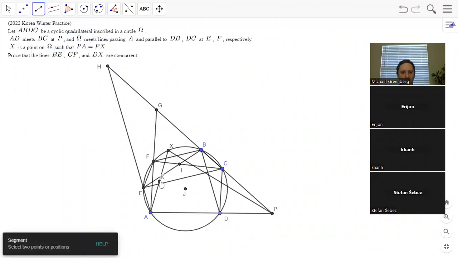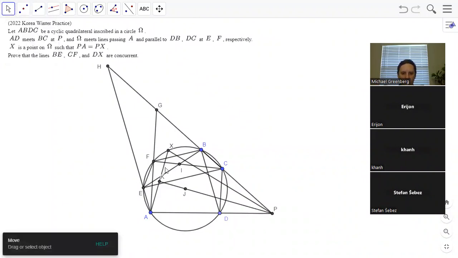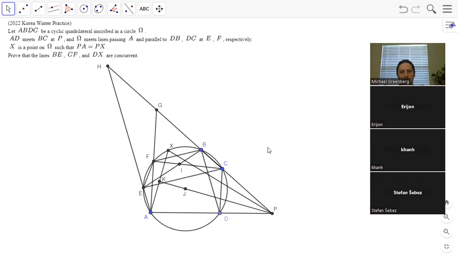I don't know if this will help. And then JI passes through the midpoints of both of these, FB and EC.